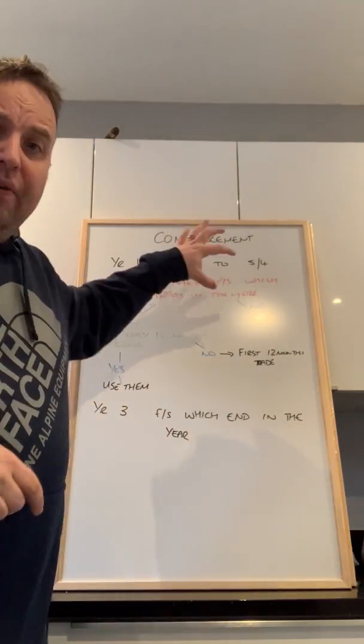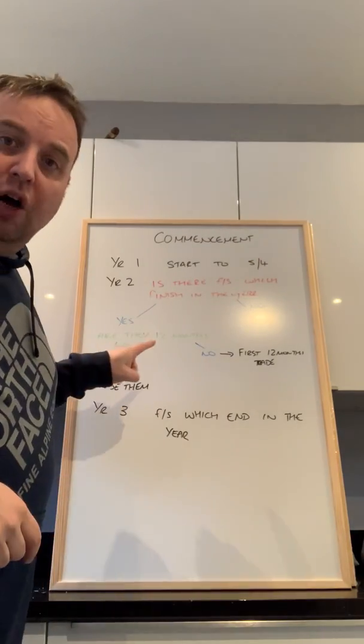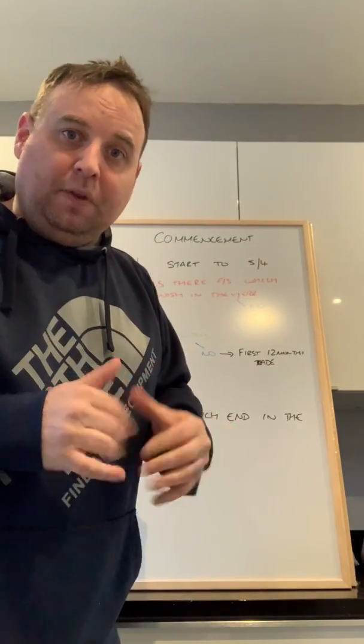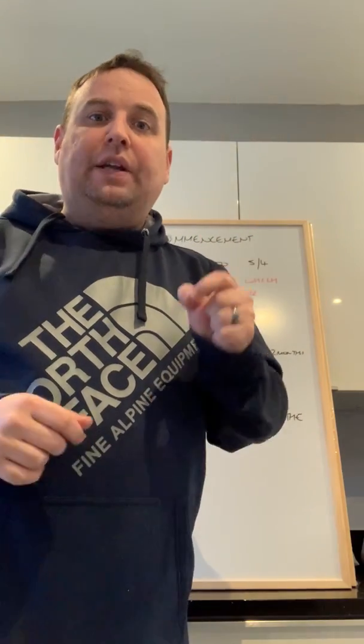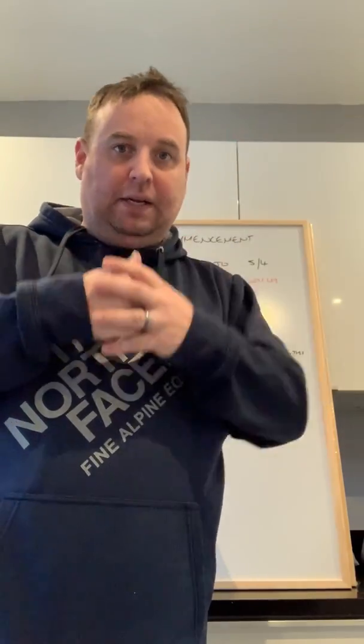So if there is financial statements and they are 12 months long, use them. If there is financial statements and they are not 12 months long, then do the first 12 months that the business was open, regardless of what those dates were. And that's how we end up with overlap periods, because some of them may have been declared earlier.